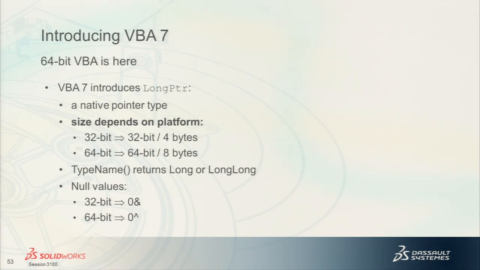So it adapts to its environment. That's brilliant. But again, there is trouble ahead, right? Of course, the type name is Long or LongLong, depending on where you call it. And this special value I mentioned earlier, the null value, is just a 0 with a hat behind it. Just in case you need to check, do I actually have a pointer here? Is this just address unknown? And I can't do anything with this number.